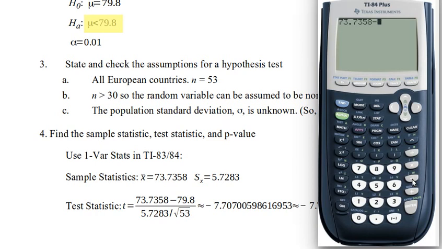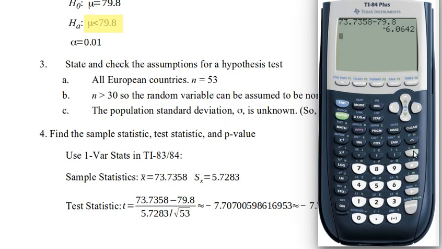And from that, we're going to subtract the mu sub 0, the assumed mean for this population. If there was no difference, it would be 79.8 if men and women had the same life expectancies in Europe. I'm going to click enter because I didn't use grouping symbols. So it looks like those averages differ by 6 years.